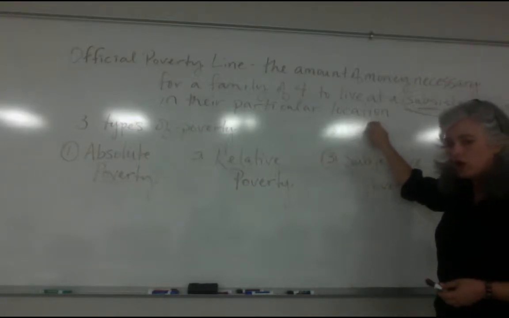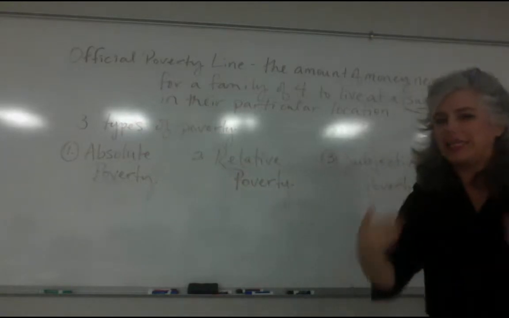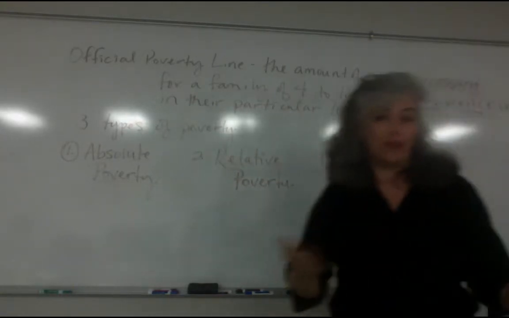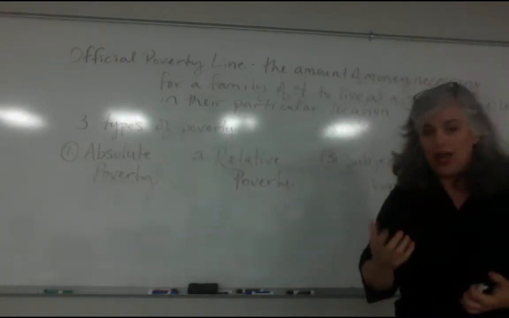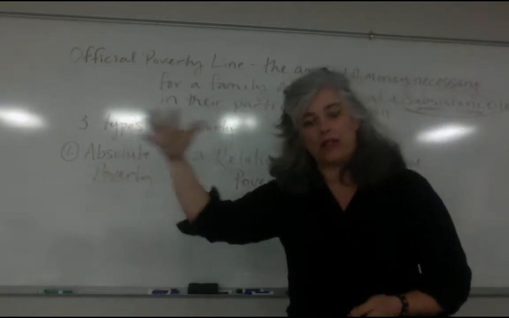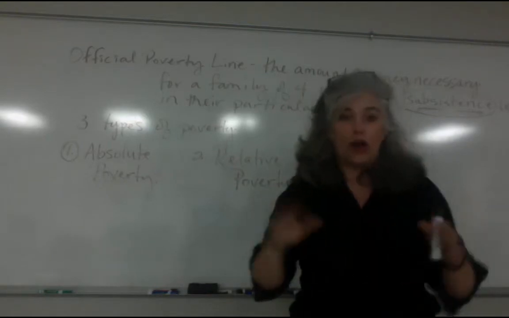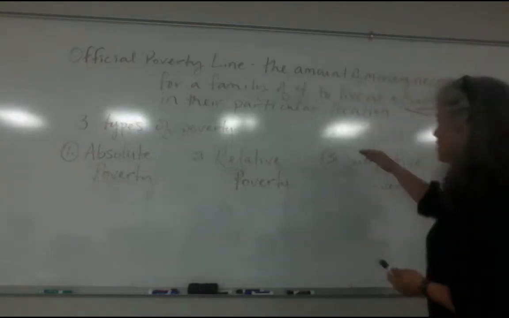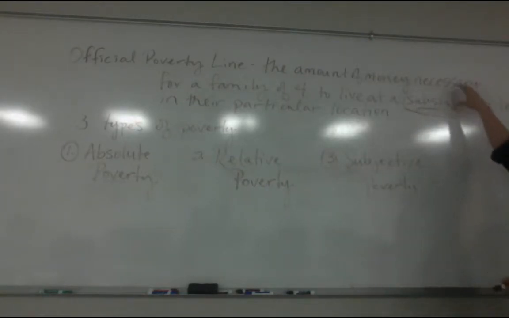In other words, what is a family of four's life chances for subsistence in the particular place where they live? We use this number as a guideline. Does this family need help? Do they need a housing voucher? A SNAP card? WIC? Our Kids First? What sorts of social safety nets can we give them so that they don't have to just subsist?